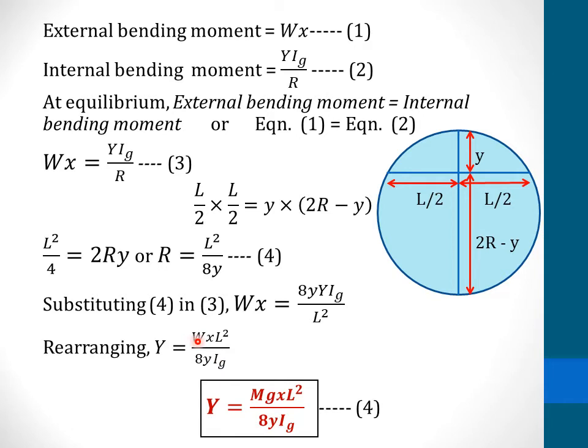We now substitute W as mg, and we have the formula for the Young's modulus of the material of the beam to be Y equals mgxL square divided by 8y Ig. And Ig we know is the geometric moment of inertia, and it varies for a circular beam as well as for a rectangular beam. This we call equation 4.